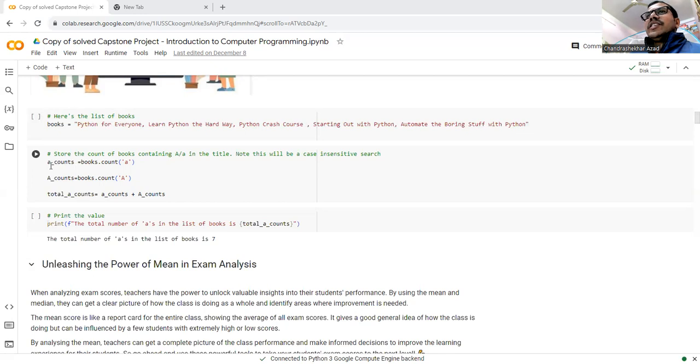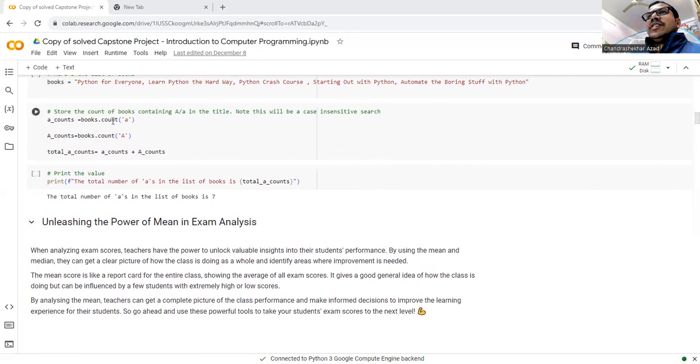So here we use small a underscore count to count the total number of small a letters, and here we use capital A underscore count to count the total number of capital A letters in this string.